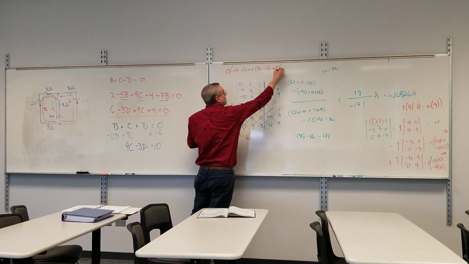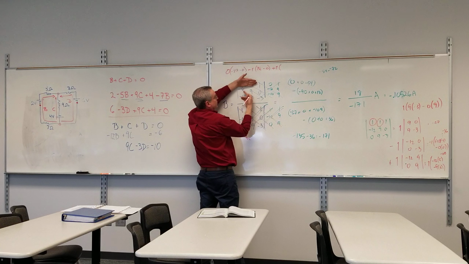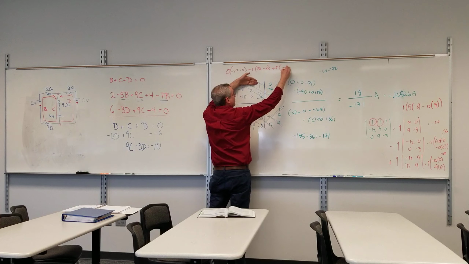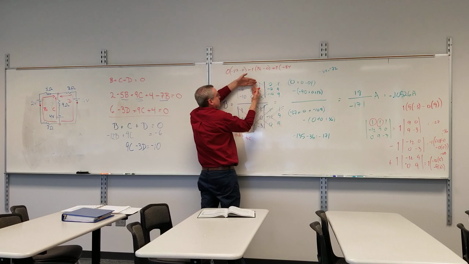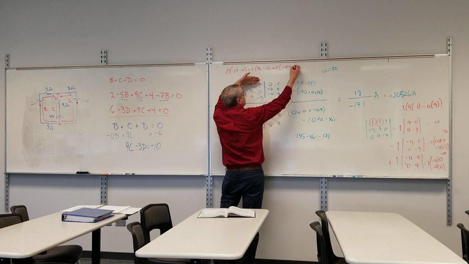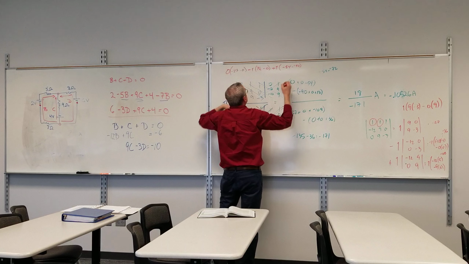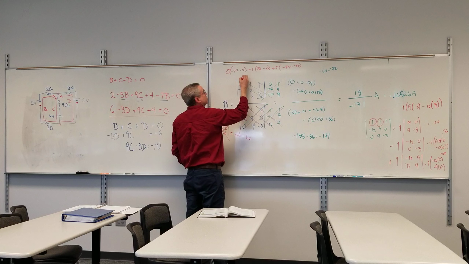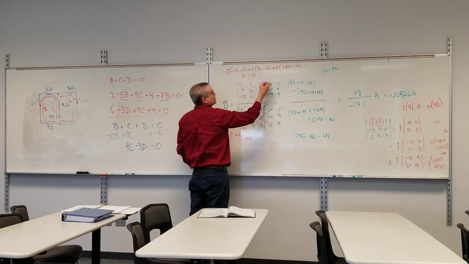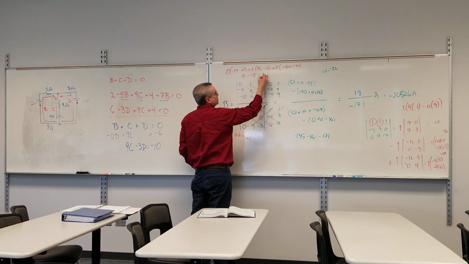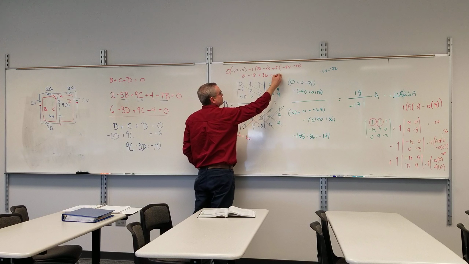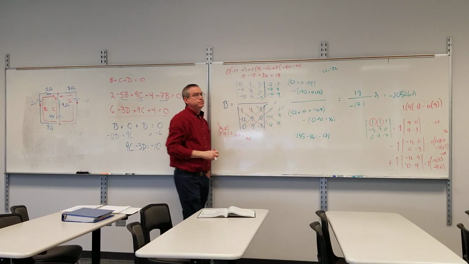Plus 1. Cross out that row and column, and I've got negative 54 minus negative 90. And so I end up with 0 minus 18 minus 30 plus 36, which is 18, which is what we had before.